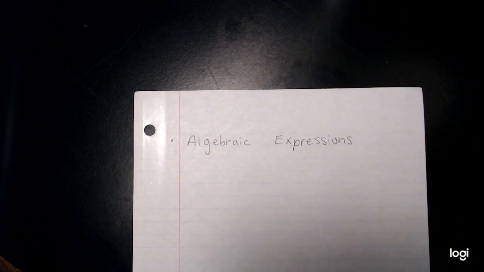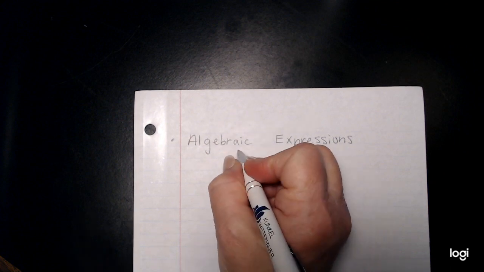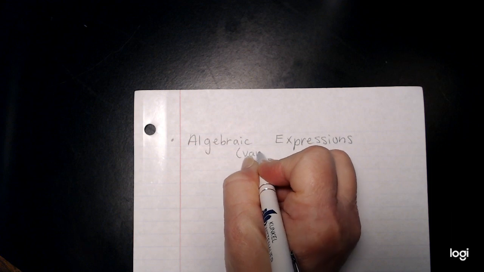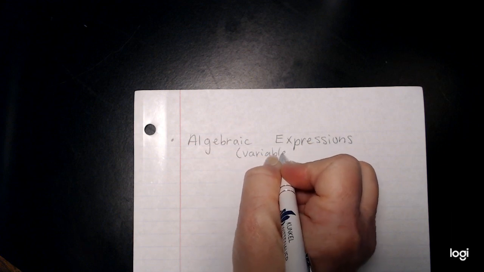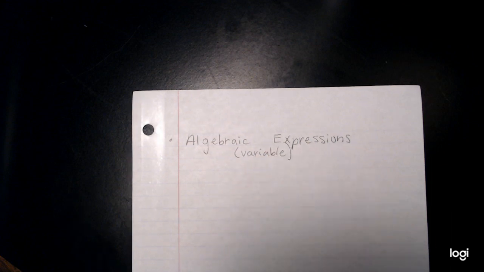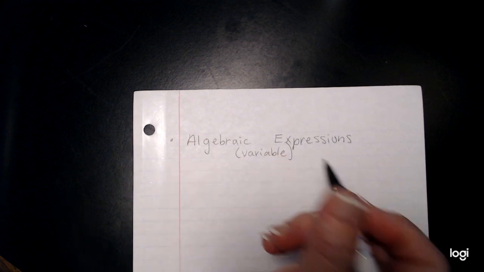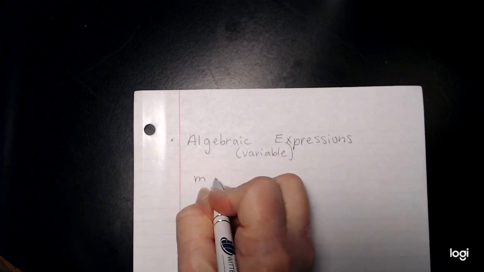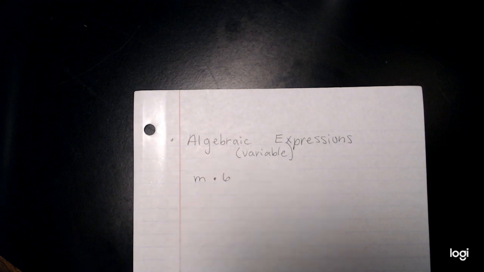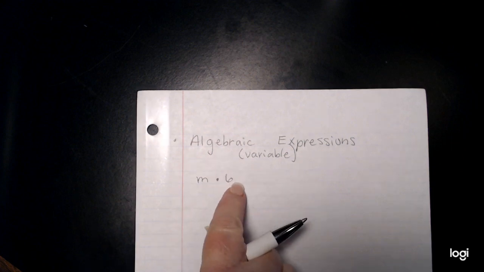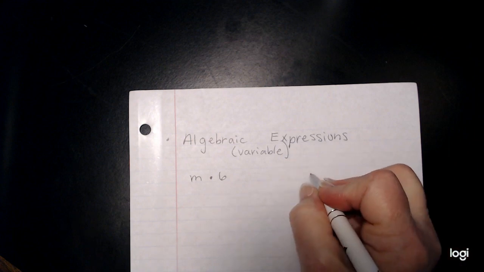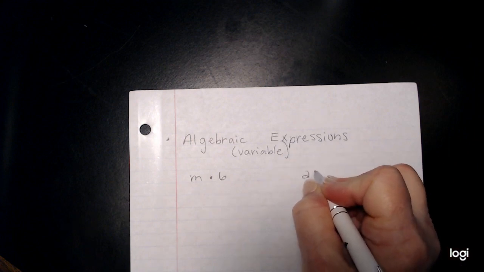So it needs to have a variable in it. So some examples of an algebraic expression would be something like m times 6. No equal sign, remember. 25 minus d. Those are algebraic expressions.